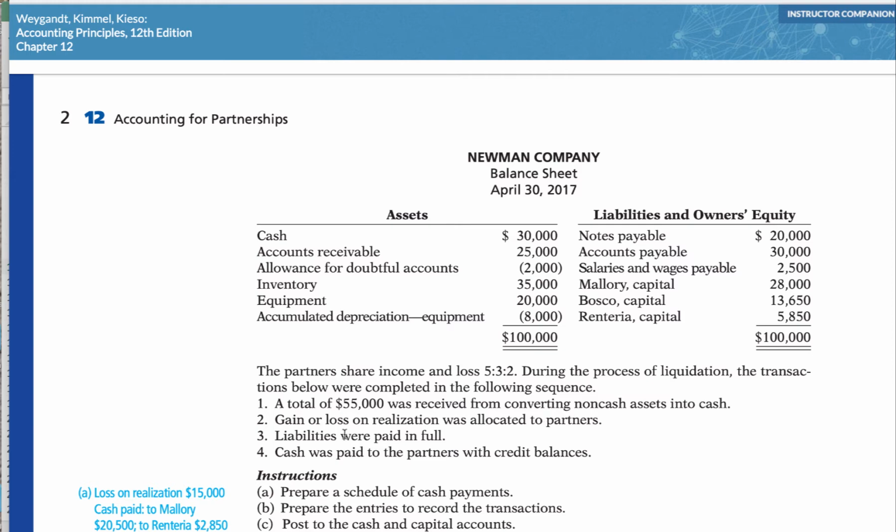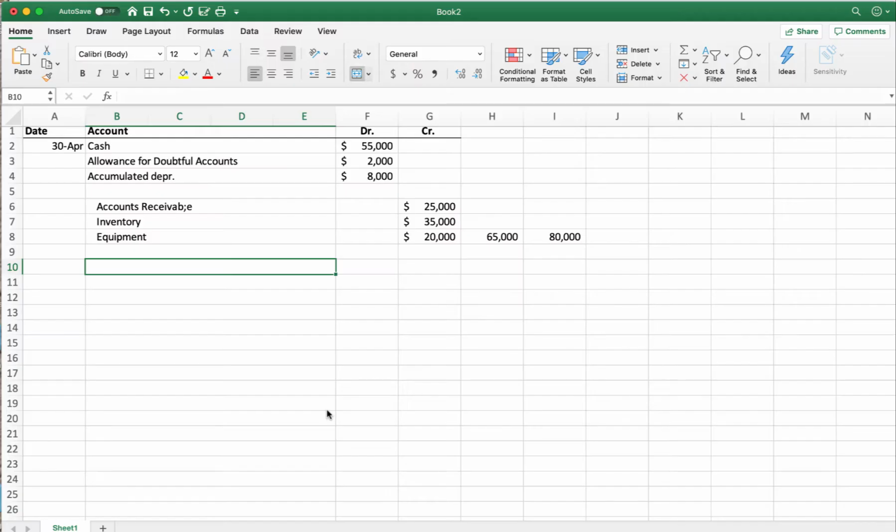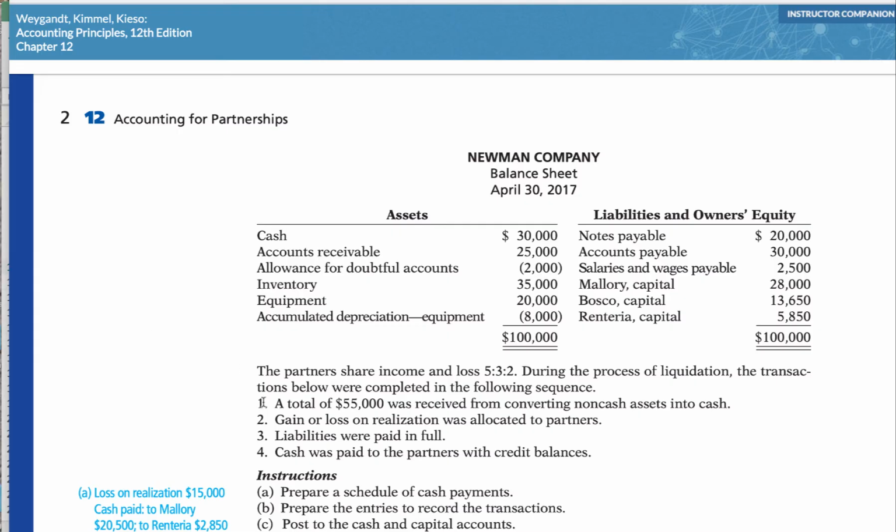Part 2 says calculate the gain or loss that we realized from selling those assets, okay? Or I apologize. 2 is for the capital accounts. We're still in part 1. We need to calculate, did we in fact have a gain or loss on the asset? Well, let's think about this, okay?